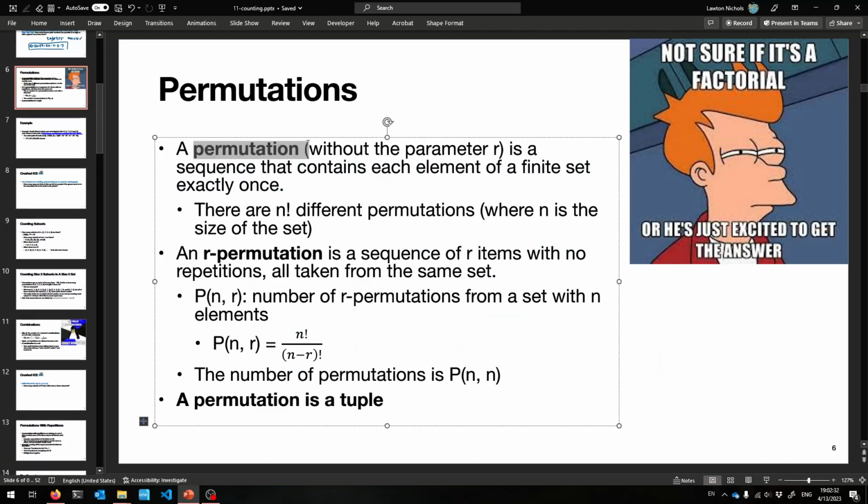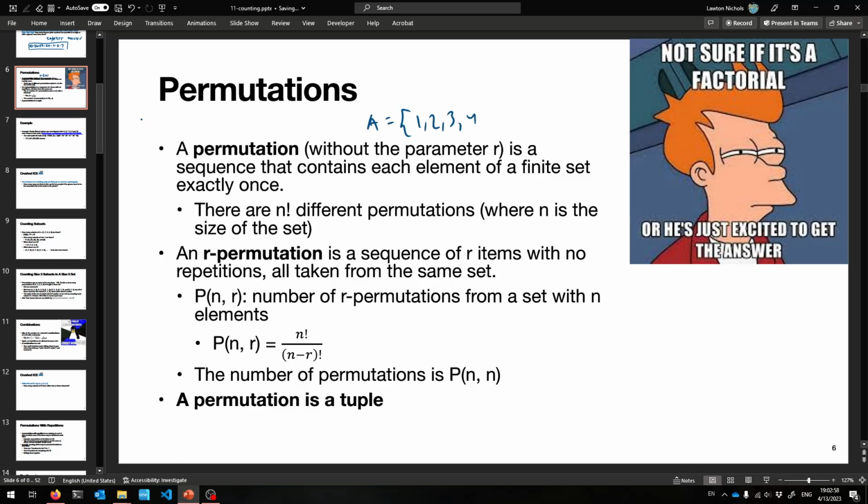A permutation, sometimes we say that there's something called an R permutation, or a permutation with a parameter. A permutation, just in general, is a sequence that has every element of a set exactly once. That's a permutation of all the elements in the set. So for example, let's say our set is called A and it has the numbers 1, 2, 3, 4 in it. A permutation of this set is an ordered quadruple, I guess.